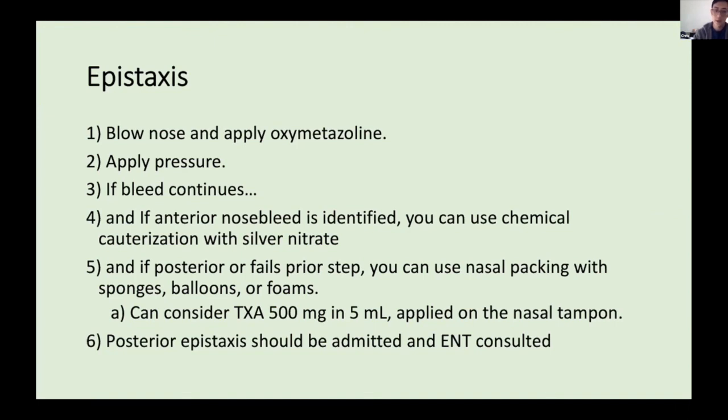Posterior epistaxis should be admitted for observation, and ENT should be consulted because these patients have a higher risk of bradydysrhythmias, aspiration, and rebleeds. And if the nasal packing is going to be in for more than 24 hours, the patient will need urgent ENT follow-up. And you can give prophylactic antibiotics as well.